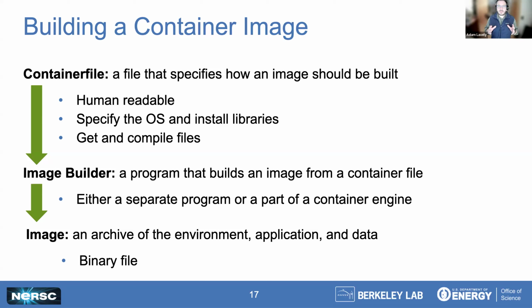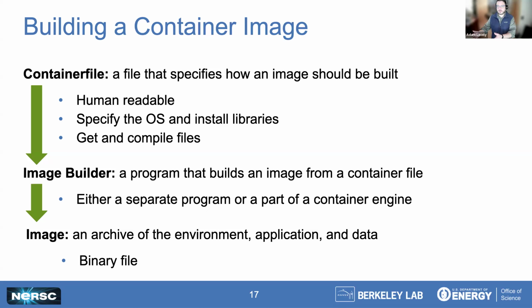So once we have this container file, we're going to use an image builder. That's a program that builds the image that we want from that container file. Image builders are typically a part of container engines, and I'll get to that in a couple of slides, but they might also be a separate program. Today, we're going to be using Podman HPC for our image builder.